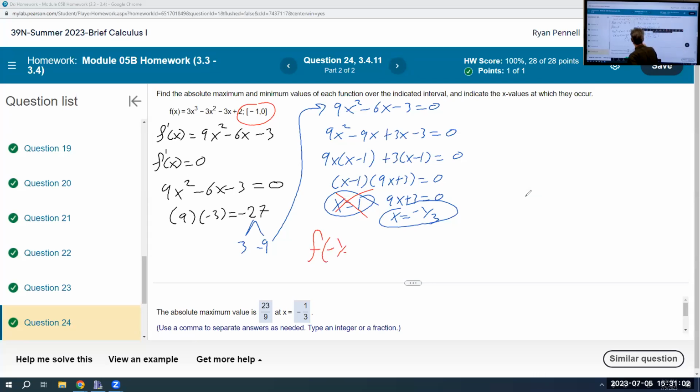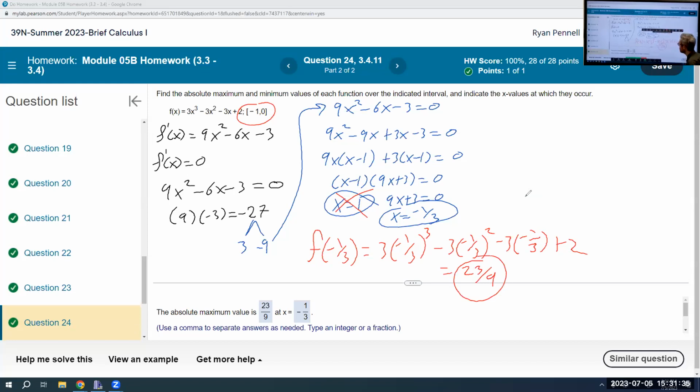f of negative 1/3 equals 3 times negative 1/3 cubed, minus 3 times negative 1/3 squared, minus 3 times negative 1/3, plus 2. That's 3 over negative 27 minus 3 over 9 minus 3 over 3 plus 2, which gives 23/9.